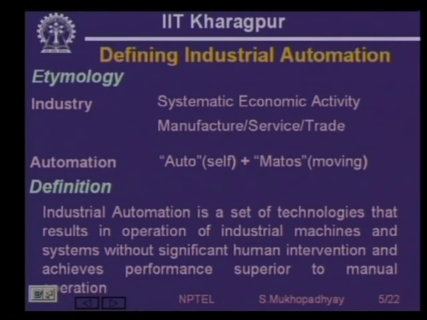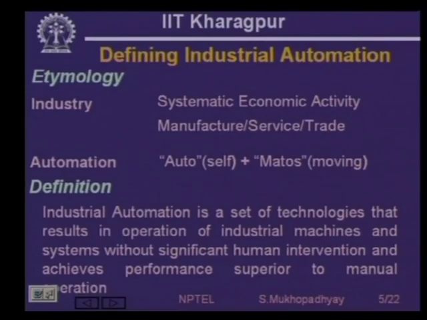So, now this is the essence of the word automation, and from this you can very easily understand the definition of automation which I have coined. The definition says that industrial automation is a set of technologies that results in operation of industrial machines and systems without significant human intervention, number one. That is the meaning which is embedded in the term self moving. So, it does not require too much operator intervention, and more than that, it achieves performance which is superior to manual operation.